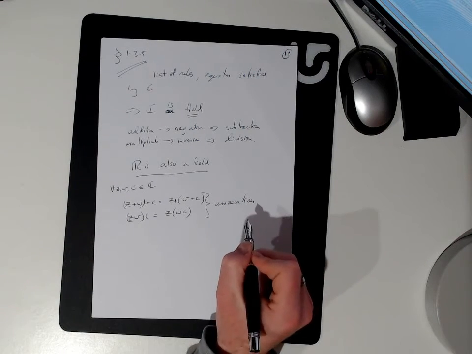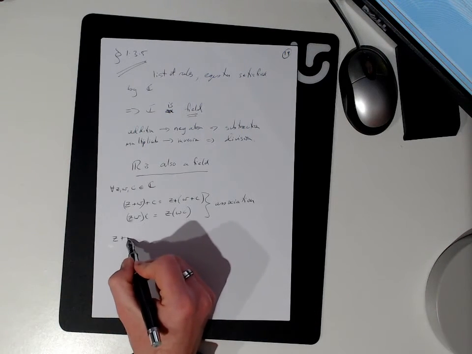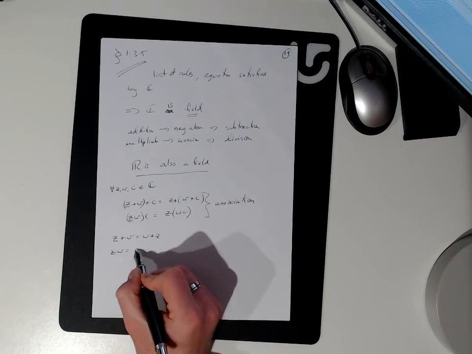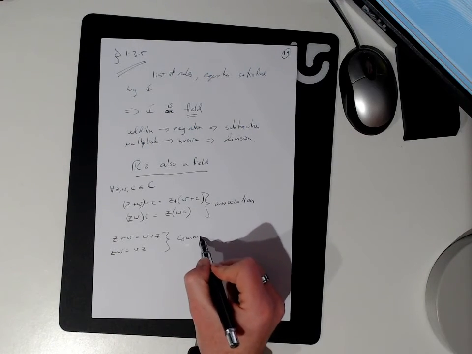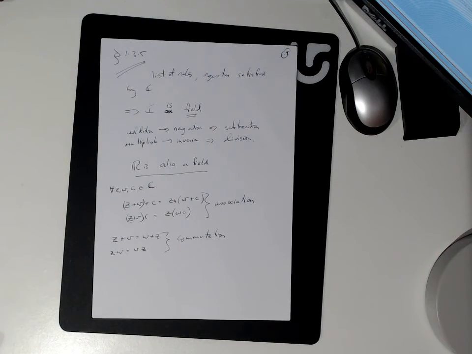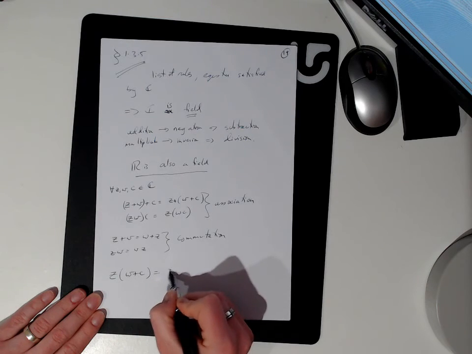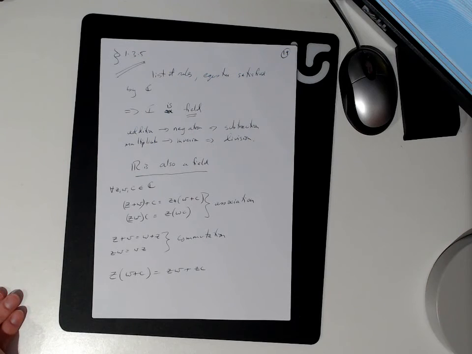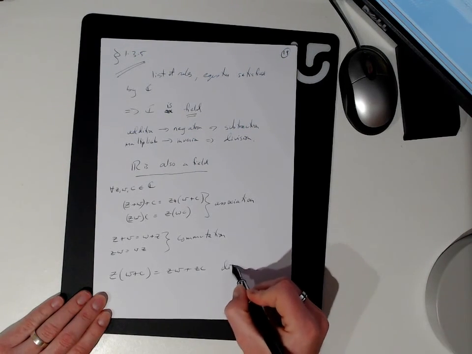C and R are associative. Okay, z + w = w + z, and zw = wz. This is called commutativity. R and C are commutative. Last one, z(w + c) = zw + zc. So what's that? The product of the sum is the sum of the products. This is called distributivity.